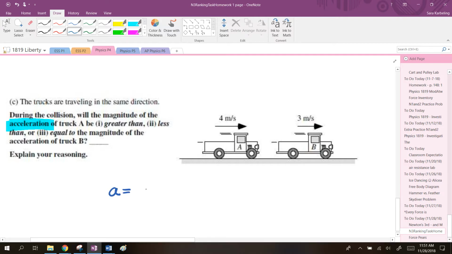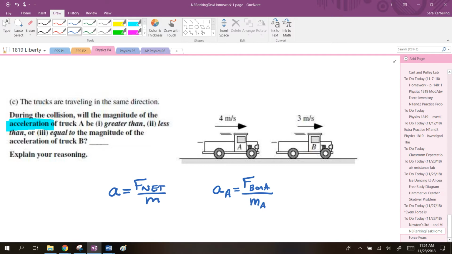We do know from Newton's first and second law that A is equal to F net over M, right? So if we write this out, we could say that the acceleration for car A is going to be equal to the force of B on A divided by the mass of A. Does that make sense to you, or did I just totally mess you up? No, that makes sense.